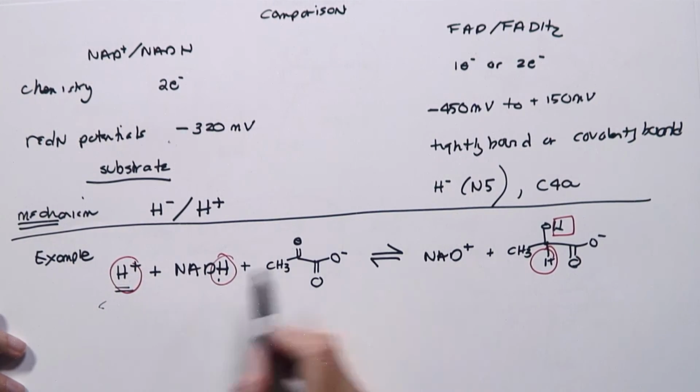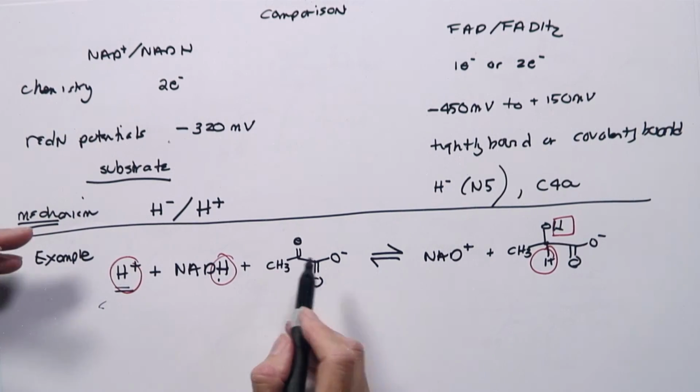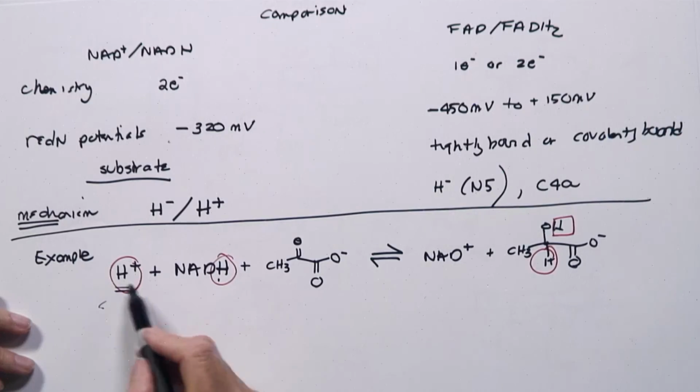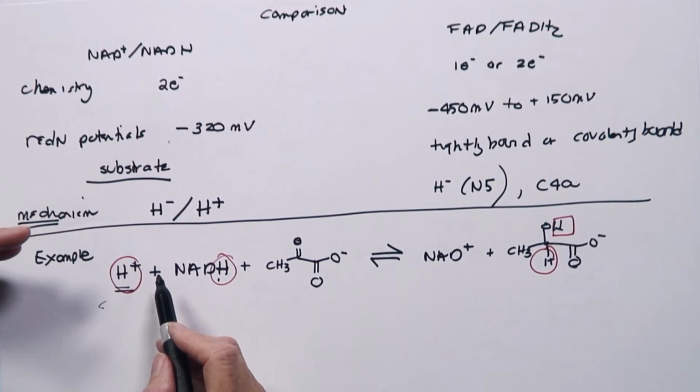You need a proton to have a balanced equation. That means that if you're at pH 6 versus pH 8, the concentration of the species changes dramatically, and that can affect where the equilibrium of the overall reaction lies. So you need to keep in the back of your mind that there's a proton with NAD, NADH systems.